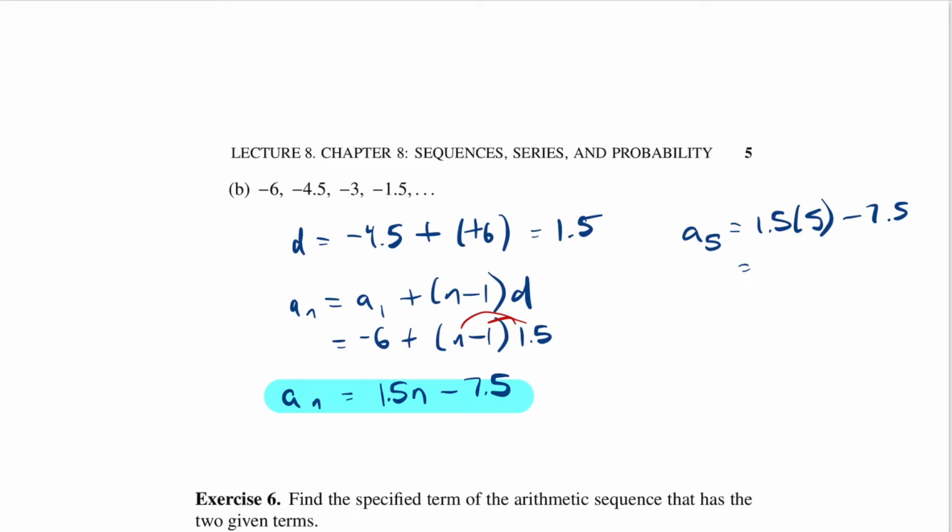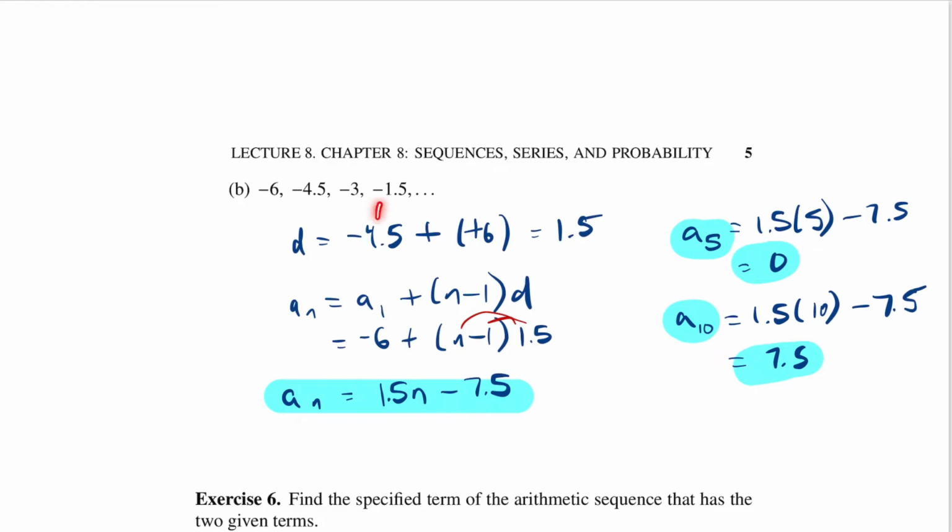And a sub 10 is going to be 1.5 times 10 minus 7.5, which should be 7.5, which it is. And those are the two answers. You can pretty much check that it's true, because if you add 1.5 to this term, you're going to get 0, which is the fifth term.